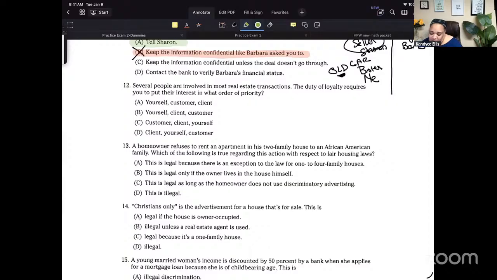12. Several people are involved in most real estate transactions. The duty of loyalty requires you to put their interest in what order of priority? Let me read that one more time. Several people are involved in most real estate transactions. The duty of loyalty requires you to put their interest in what order of priority?